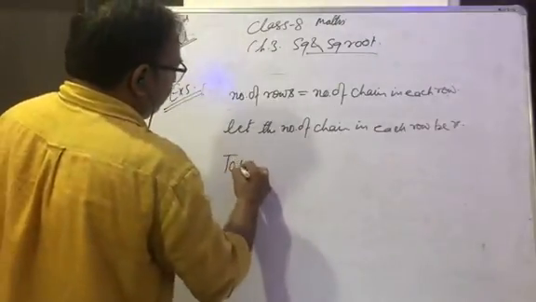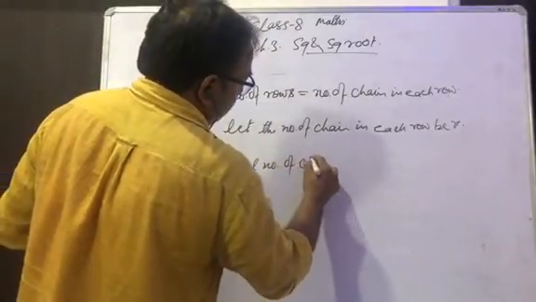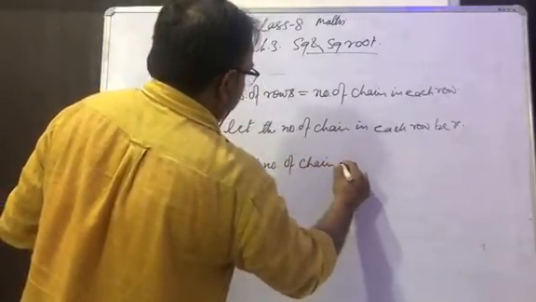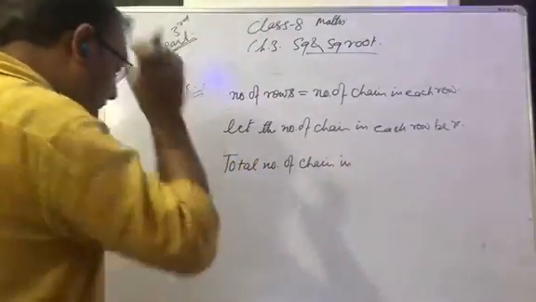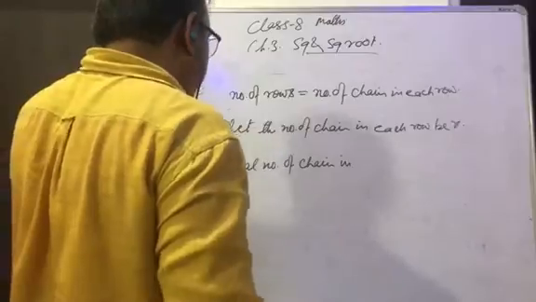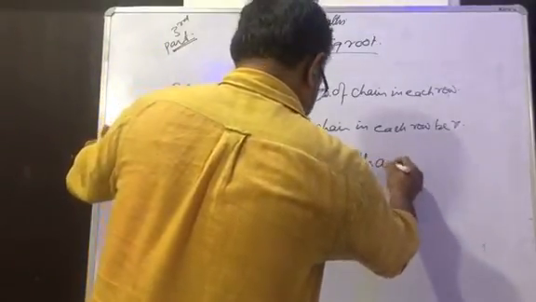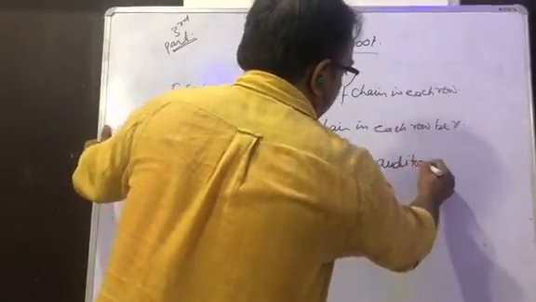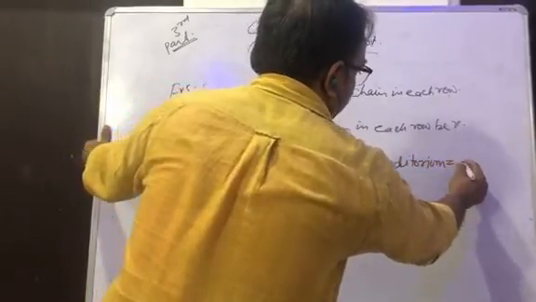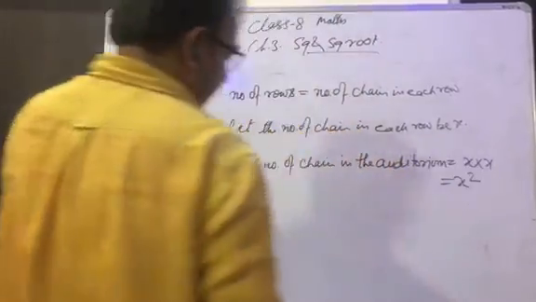So the total number of chairs in the auditorium is x into x, which is equal to x square.